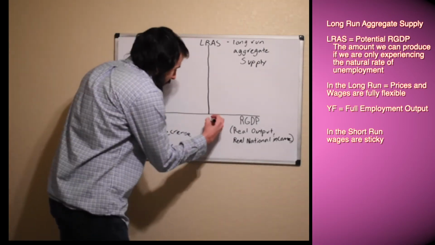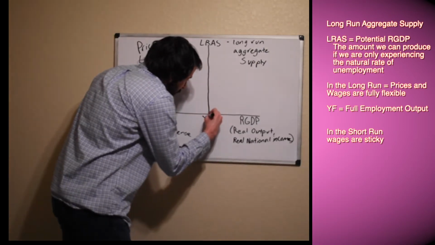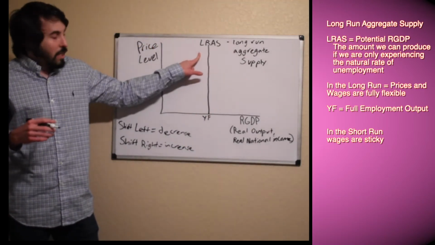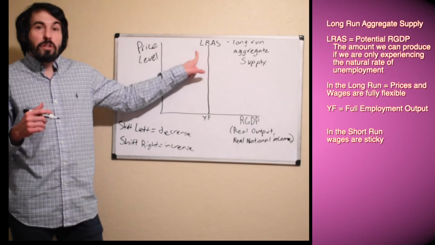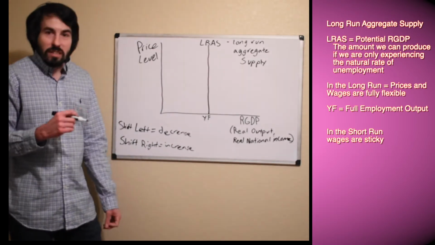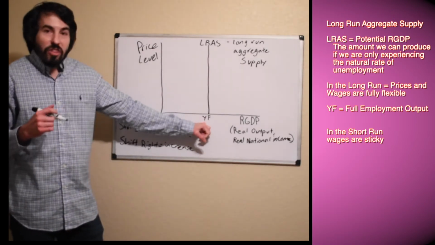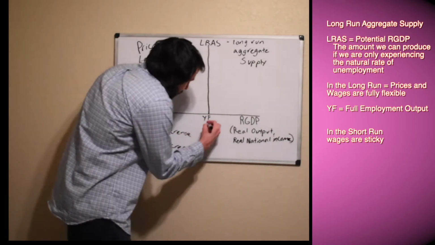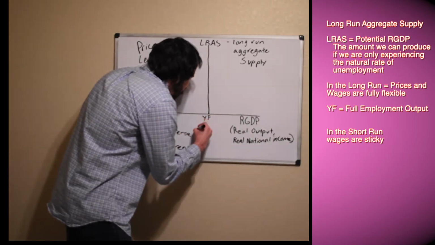And basically what's happening here, this is the amount of stuff, our real GDP, our output, if we're experiencing only the natural rate of unemployment. This F down here, YF, stands for full employment output.